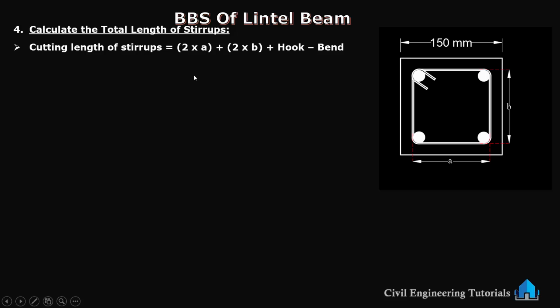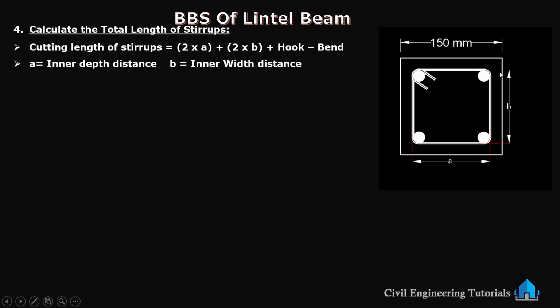That is A. Both sides are the same, so that is also B. So A is inner depth distance and B is inner width distance. We have to go till the middle of the stirrup. Here to here is this distance, and here to here is distance B. Depth and width both are the same.